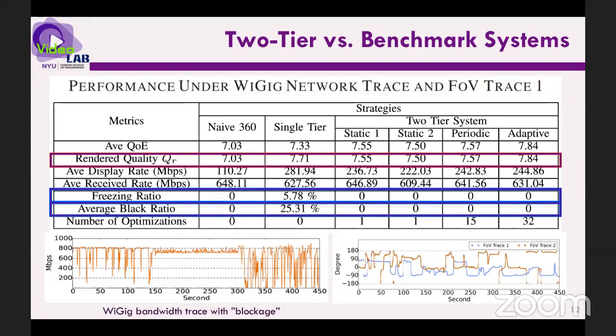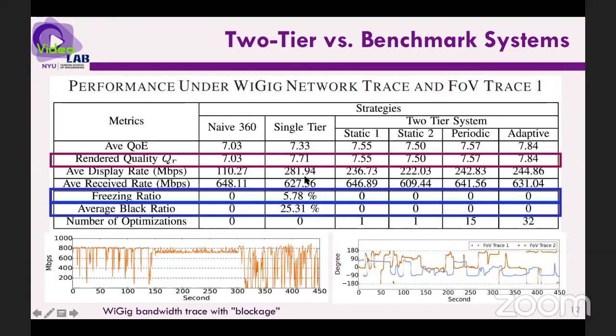As we can see, compared to the naive 360 system, the two-tier system can achieve much higher quality, and yet is as robust as the naive 360 system with a very low freezing ratio and black ratio.